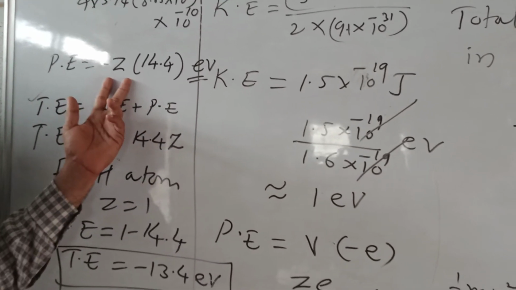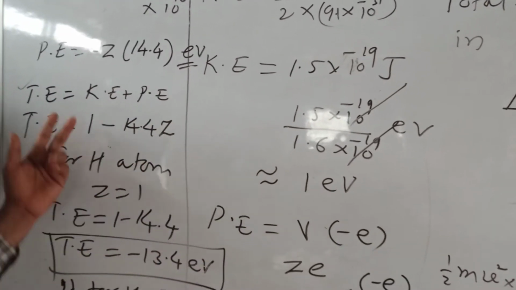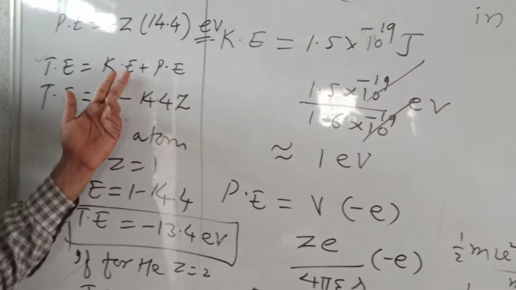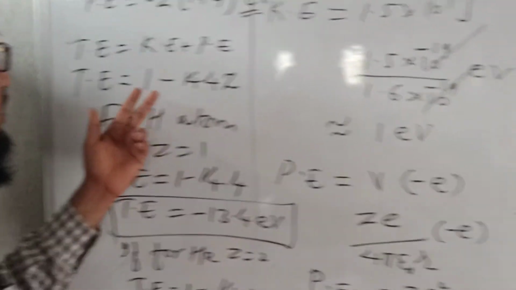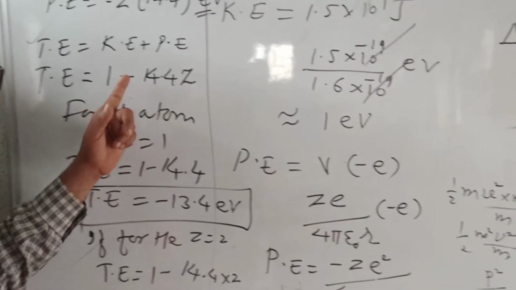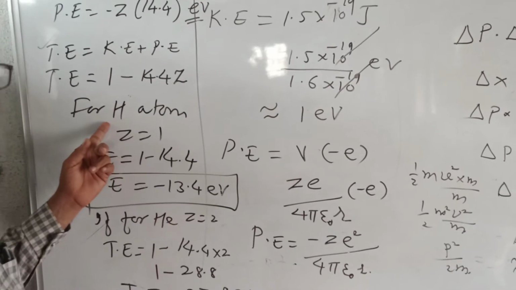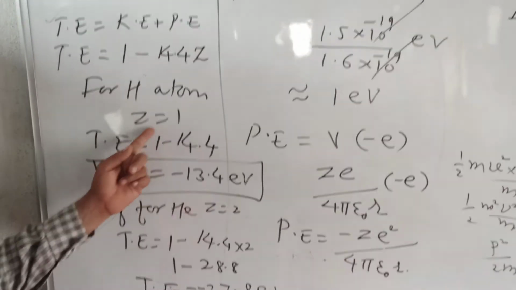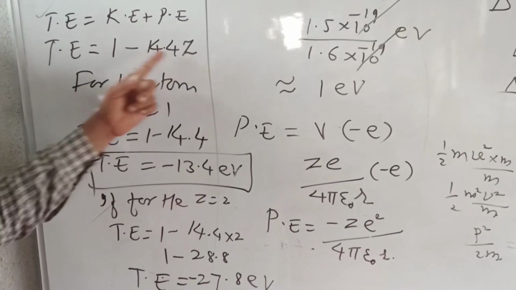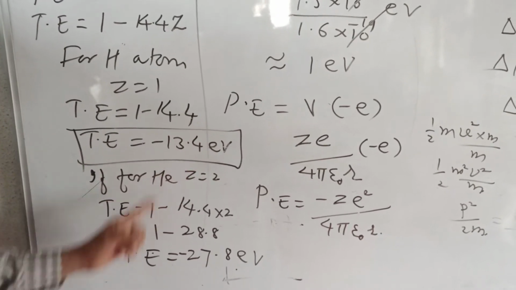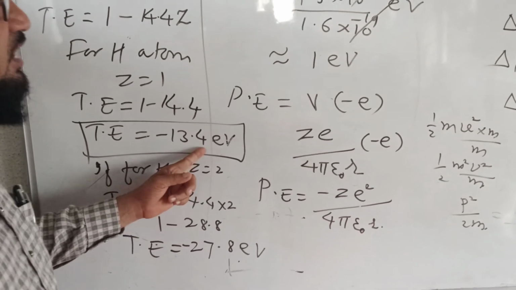Now I got the potential energy, and I know the kinetic energy. Find the total energy as kinetic energy plus potential energy. So the kinetic energy is 1 electron volt, minus 14.4 into Z. For the hydrogen atom, Z is equal to 1. So I substitute 1 minus 14.4, which comes out to be minus 13.4 electron volt.